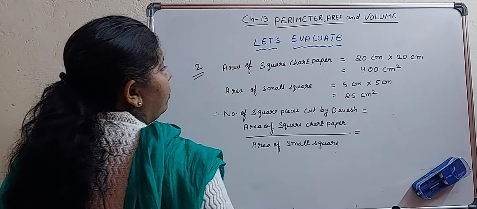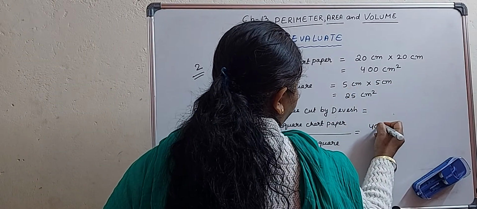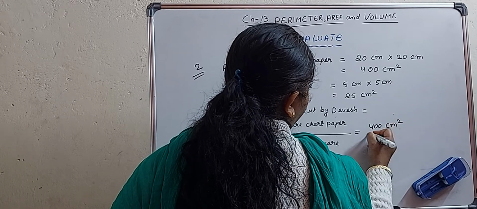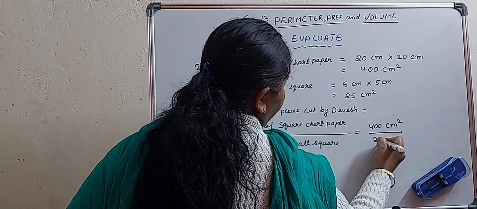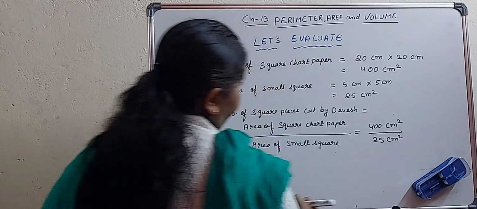That is equal to, we already took out, it is 400 centimeter square divided by 25 centimeter square.